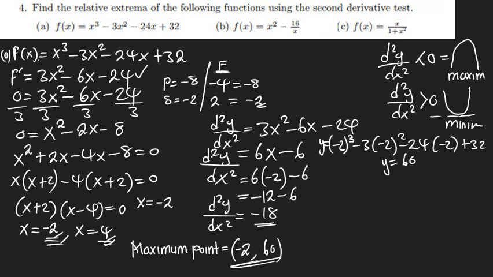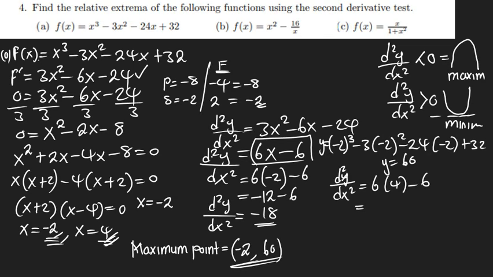Now let's check the second one. The second one, we can try 4. We see what 4 is going to give us. What are we using to test? We are using the same thing, the second derivative, which is this equation. So d squared y over dx squared is equal to 6x minus 6, where x is 4.